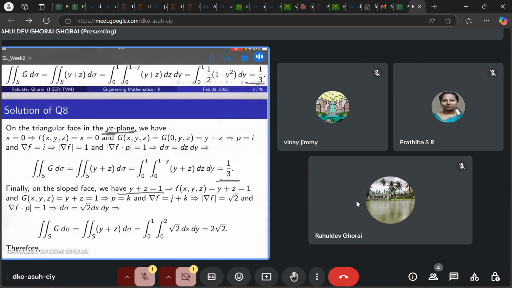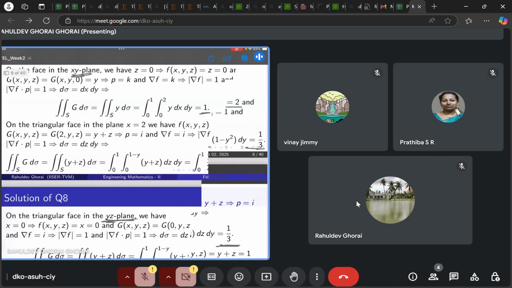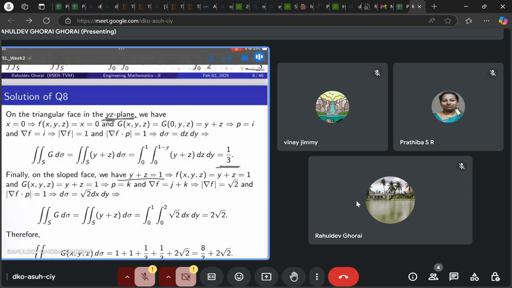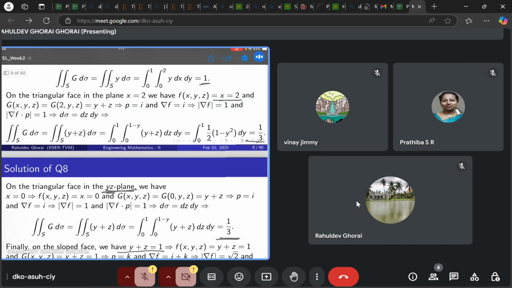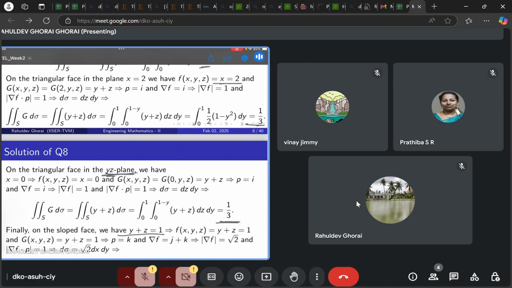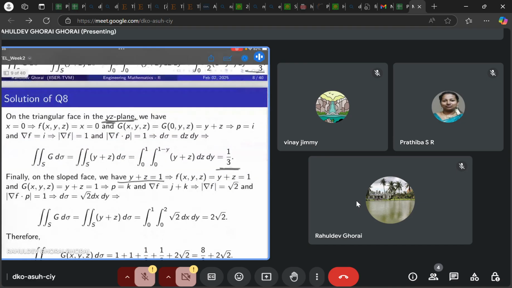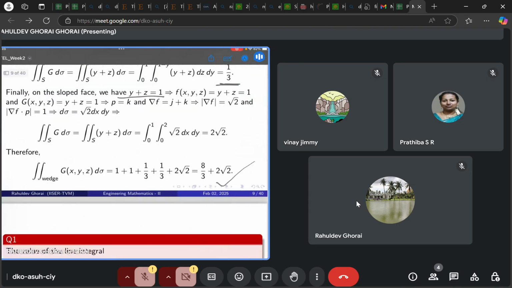And then you have the slope face y plus z equal to 1, where x can be anything. So there are mainly 4 planes if you see it: x equal to 0, y equal to 0, z equal to 0, and then y plus z equal to 1, along with x equal to 2.